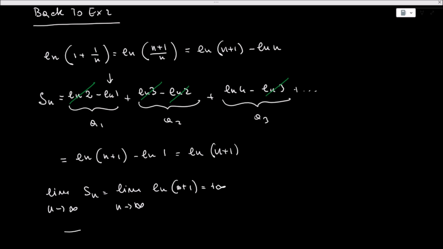So the series sum of logarithm of 1 plus 1 over n, from 1 to infinity, you see I'm starting from 1, not from 0, just to avoid any problem with these elements, is divergent to plus infinity.